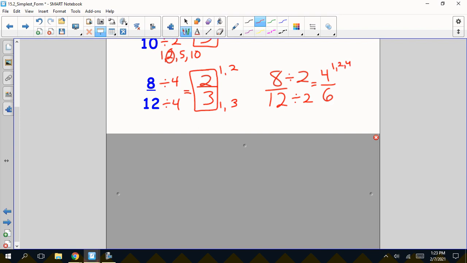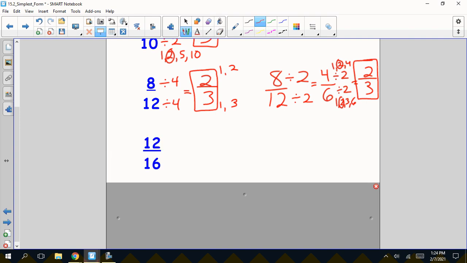Numbers that give me 6, 1 times 6, and 2 times 3. Numbers that they have in common are 2 and 1. We're going to divide these by 2 because 2 can go into both numbers. If I divide the top by 2, I get 2. 6 divided by 2 is 3. And again, I get the same answer of 2/3.